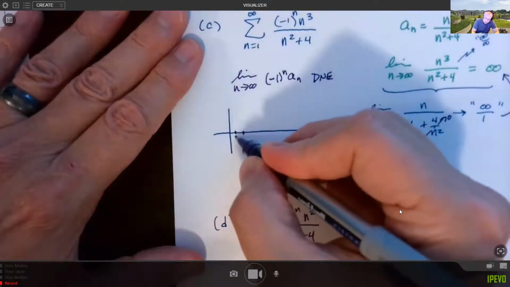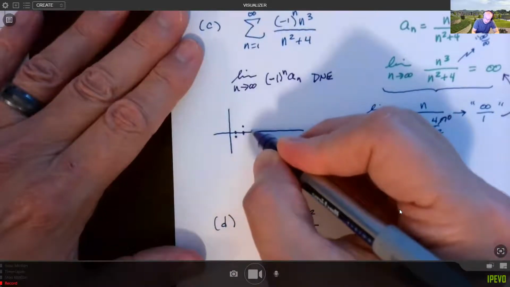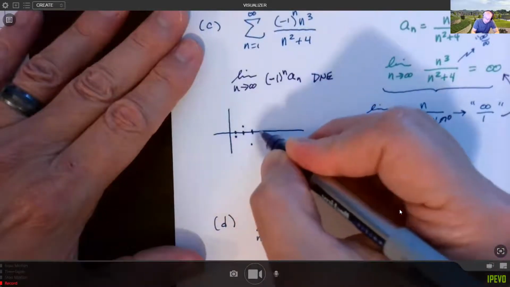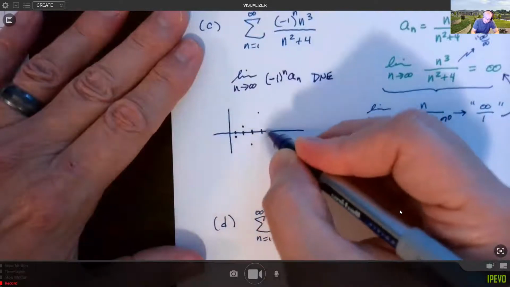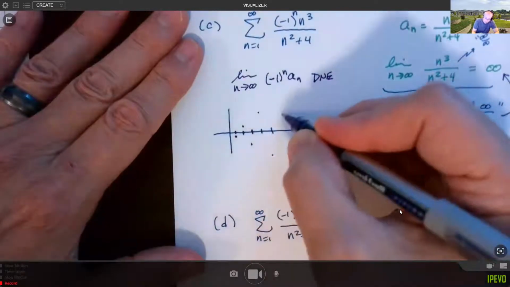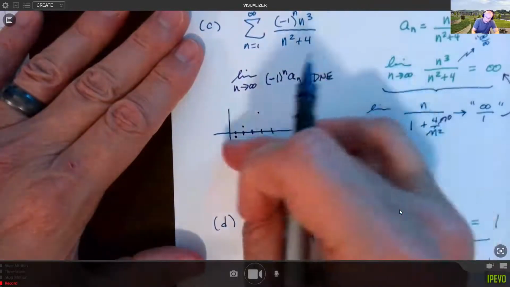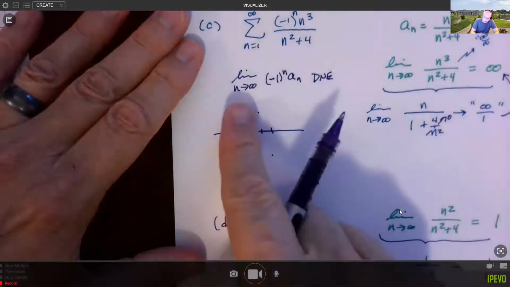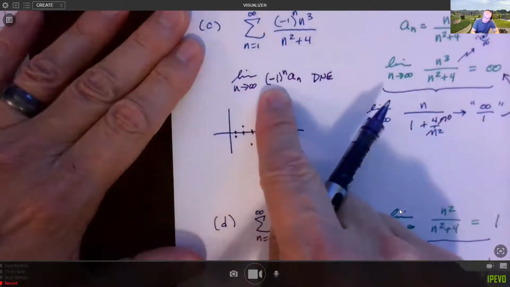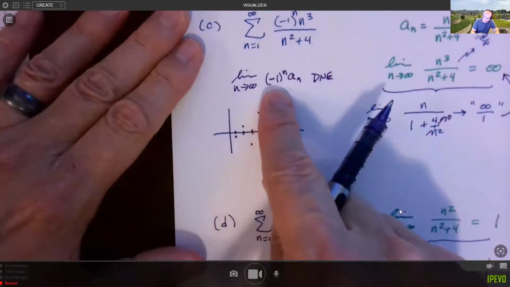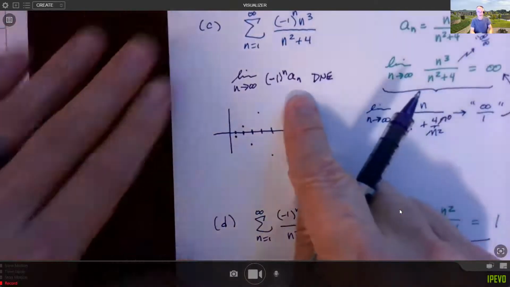At 2, it's positive, but further away from the x-axis. At 3, it's negative, further away. At 4, further away. At 5, further away. These keep bouncing back and forth, getting further and further away. Now we're adding all these up, but clearly the limit as n goes to infinity of the terms of the sequence we're adding does not exist. So it is not equal to 0.